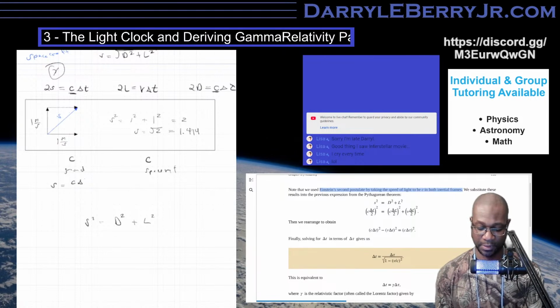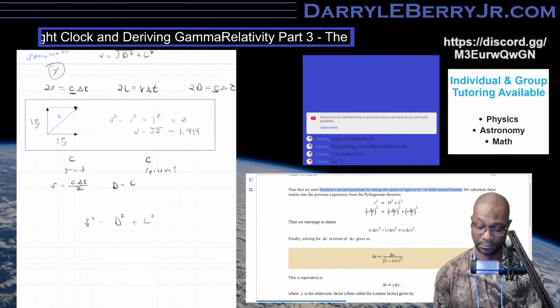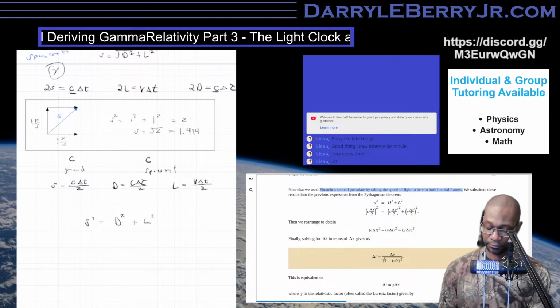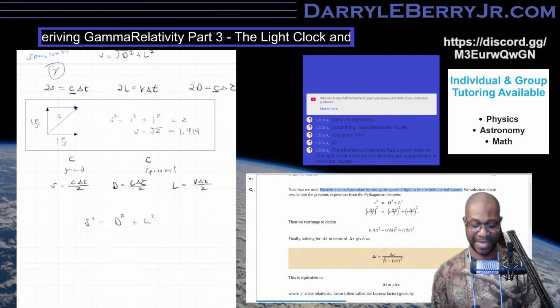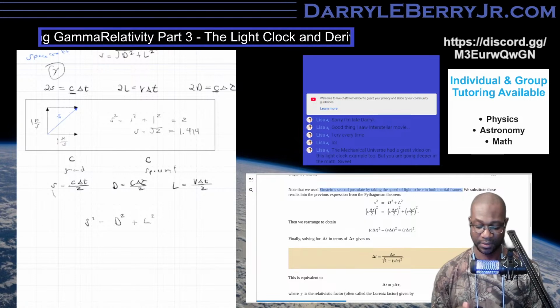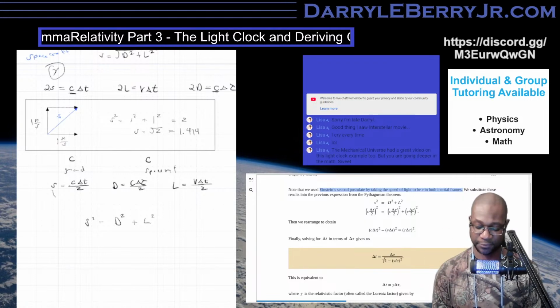Just solving for s in one case, over 2. Then we'll solve for d in this case, and then we'll solve for L in this case. And again, this is s, the path that the light takes from the perspective of the ground, with the time from the perspective of the ground.